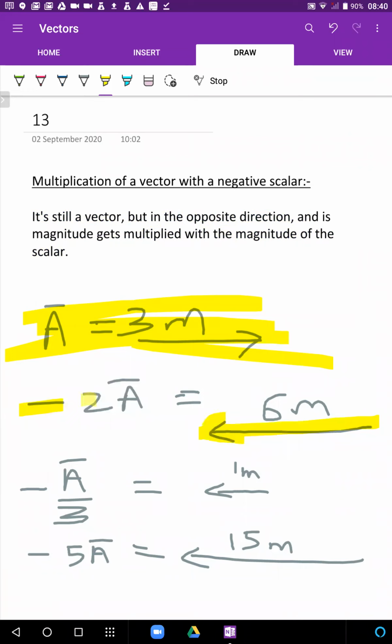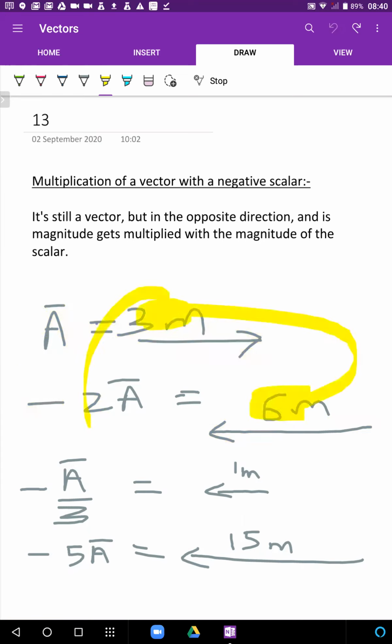The second thing is the 2 will get multiplied with 3 meters, like we saw before. So 2 into 3 meters will make it 6 meters. Got it? Simple. So a bar is 3 meters towards right. वैसा ही minus 2a bar is going to be 6 meters towards the left. माइनस साइन के कारण डायरेक्शन चेंज हो गया, 2 के कारण मैग्नीट्यूड डबल हुआ.